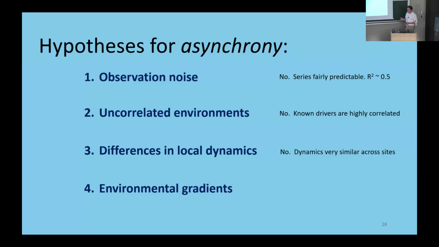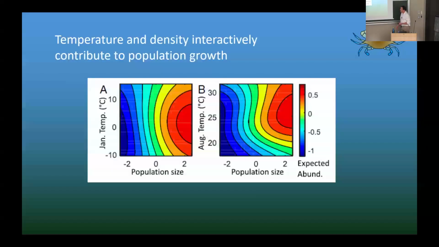But we also know that it's hot in the south and colder in the north, and that probably has different effects on the dynamics. It's particularly relevant in the crabs, where we know from our fitted EDM model, this is the thermal performance curve that we infer from the population time series. The vertical axis here is temperature, either in January or August.